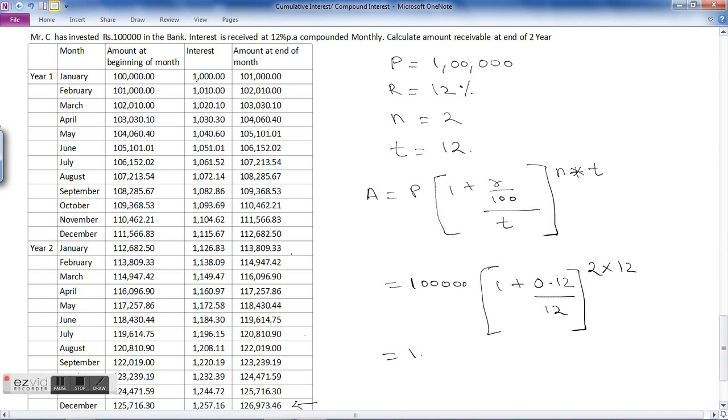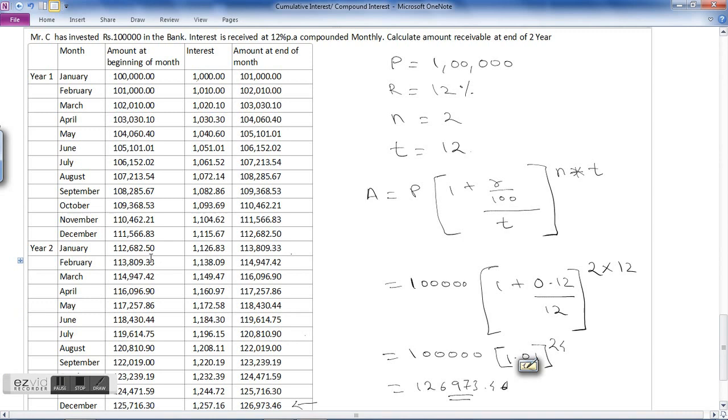So that comes to how much? 1 lakh into 1 plus 0.01, so 1.01 the whole raised to 24. So if you calculate this, that comes to 1,26,973.46, which is same as this one. This is how you calculate the cumulative or compounded interest. Okay, thank you.